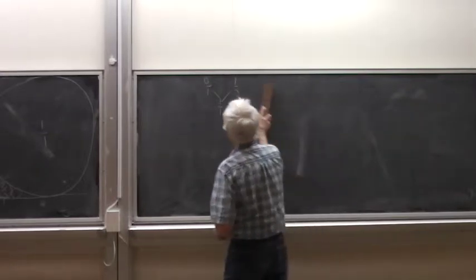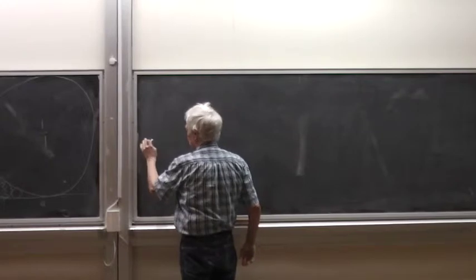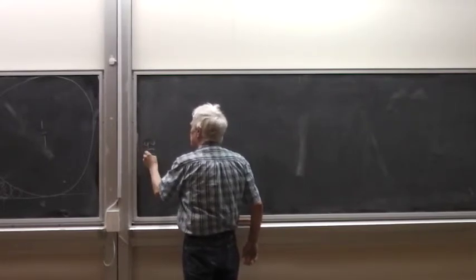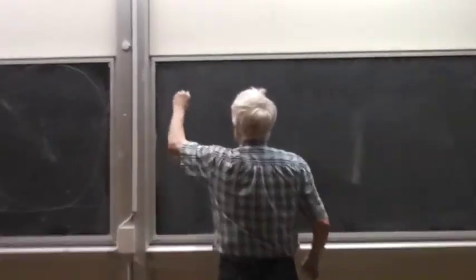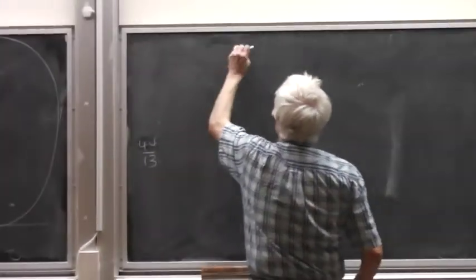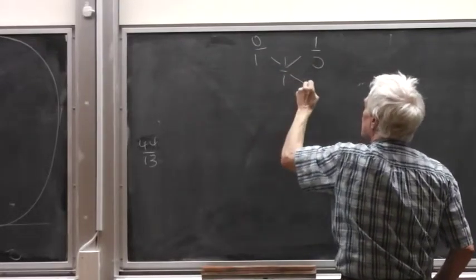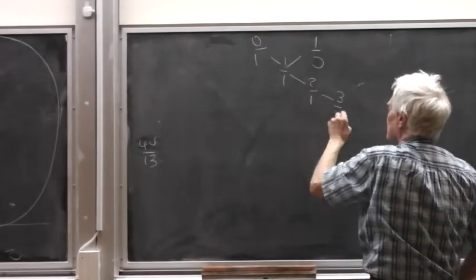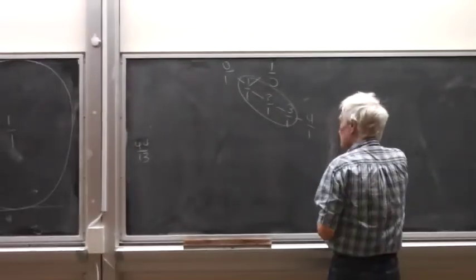Let's take a number and find it in the Stern-Brocot tree. We have 13 over 44, or 44 over 13. Let me show you about that. So let's write 0 over 1, 1 over 0, 1 over 1, 2 over 1, 3 over 1, 4 over 1, and that was 3.